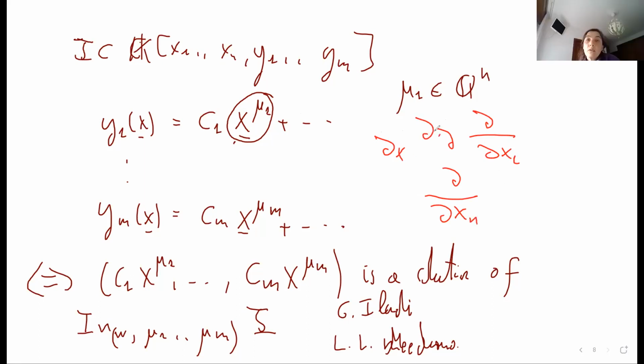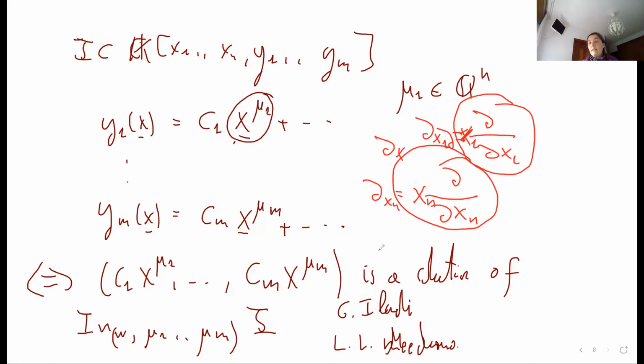And this delta x1, delta xn is going to be x1 delta x1, through xn delta xn. And we get the same lemma.